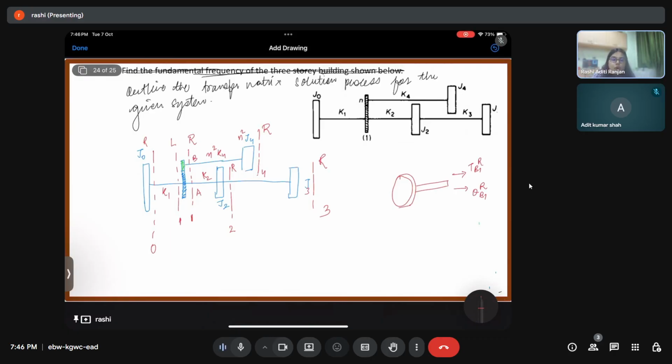So for TB1 of R, 1 is the element that we have given the name 1. For that also, we are considering the B part, which is the upper gear, and for that, we are considering the R part, the right hand side. So this is basically the green one.